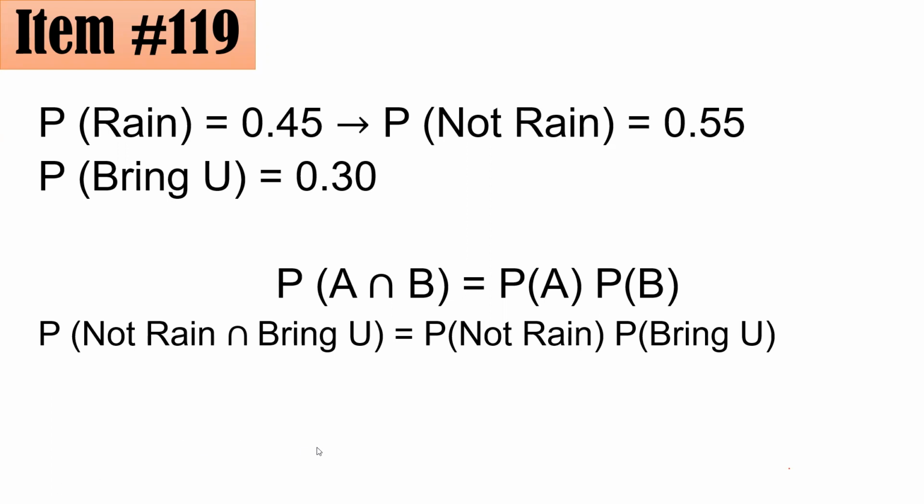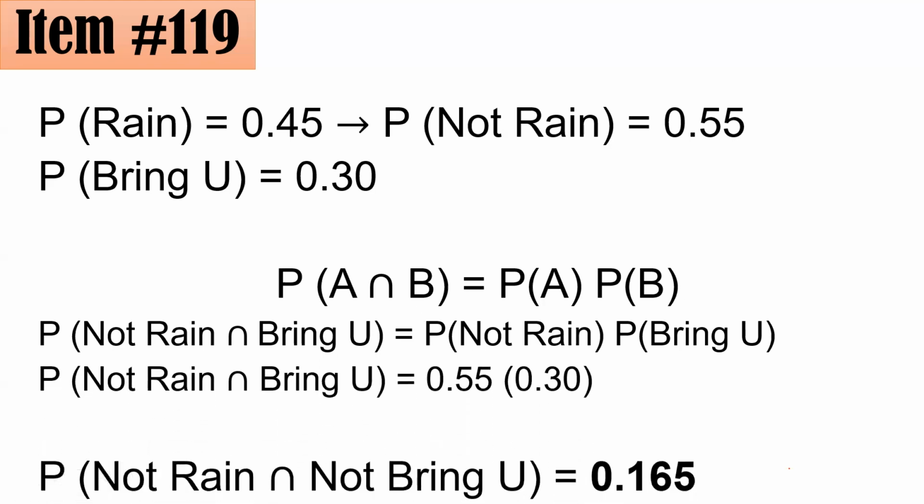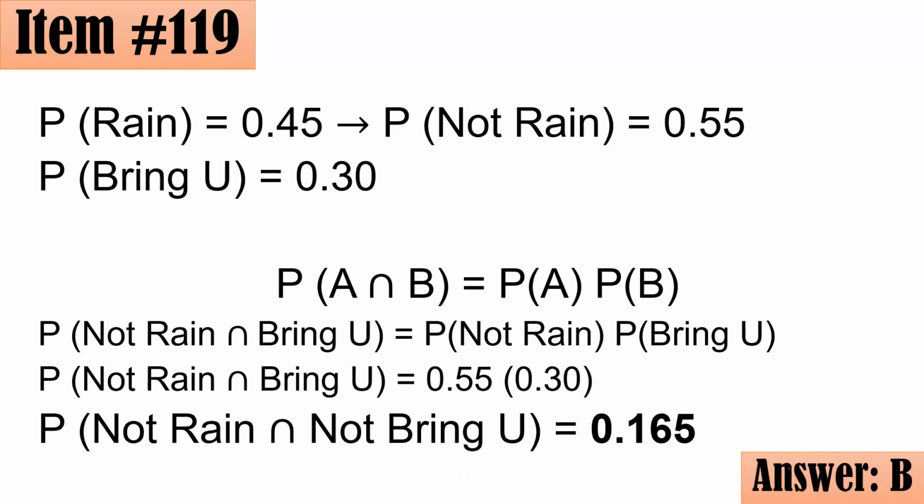So if the probability it will not rain is 0.55, and the probability that I will bring an umbrella is 0.30, and by substitution po, that's 0.55 times 0.30, which is 0.165, letter B. So far, so good. And I hope we got it.